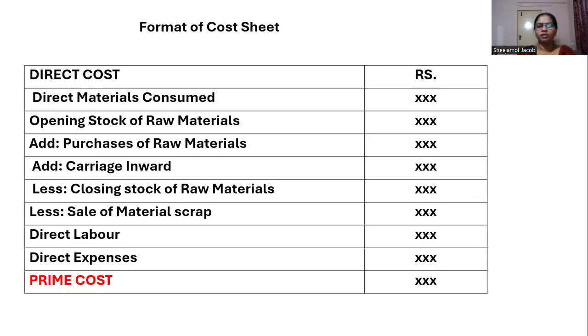Opening stock of raw materials, add purchases. If there is any carriage inward, you have to add that with the purchases. Less closing stock of raw materials. If there is any scrap value, you have to deduct that sale of scrap from the direct material. Then you have to add direct labor, direct expenses, you get the prime cost.